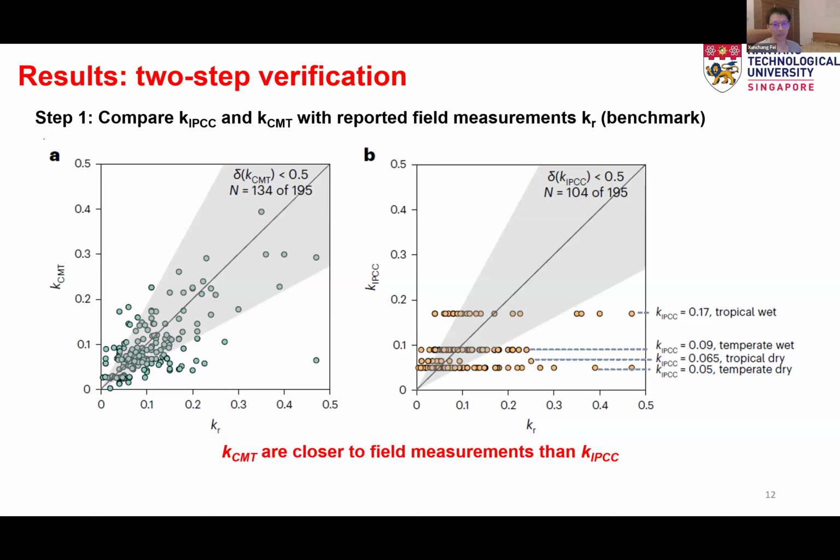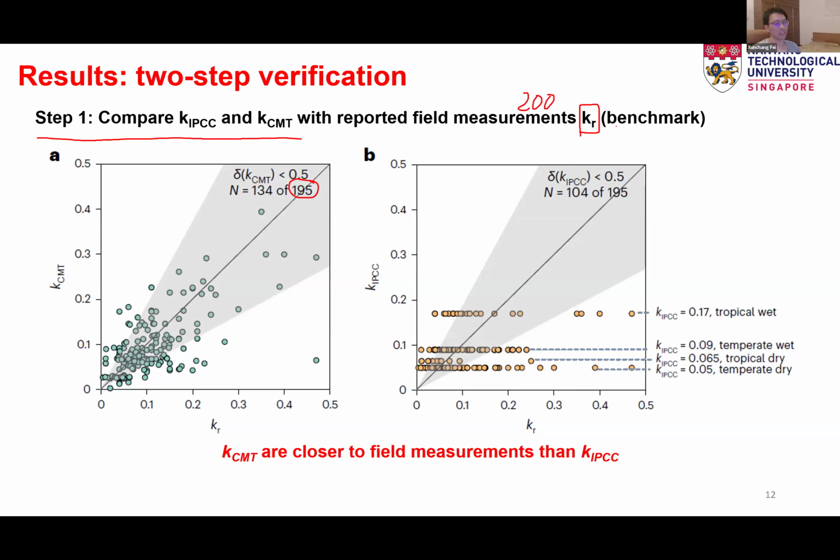So what is step one verification? It is basically comparing, remember for the database, we have around 200 landfills, right? Where we have the field measured K values. This is called KR, K reported.